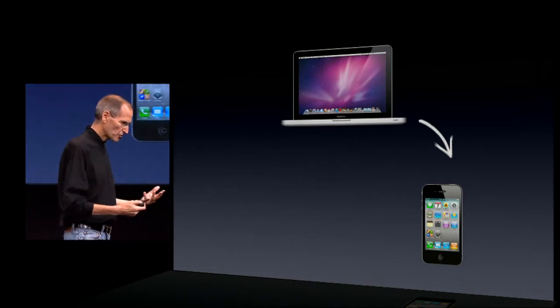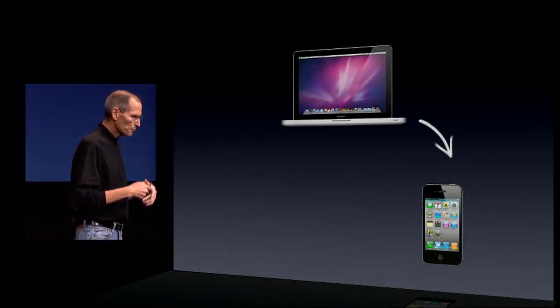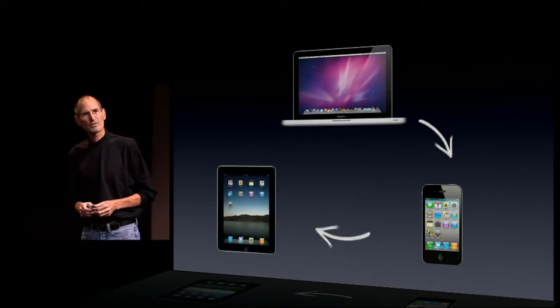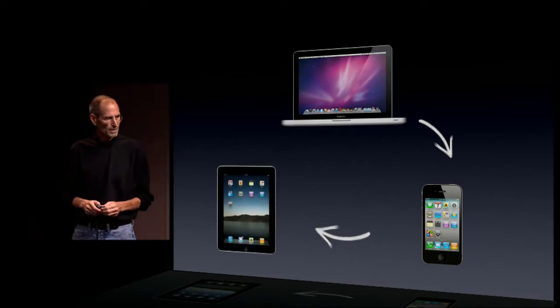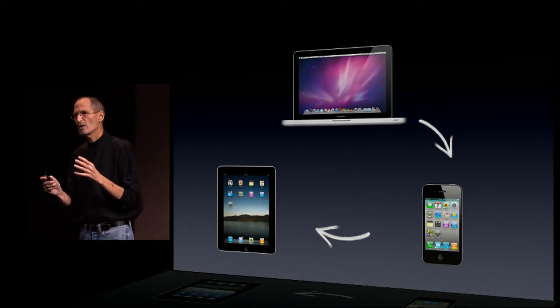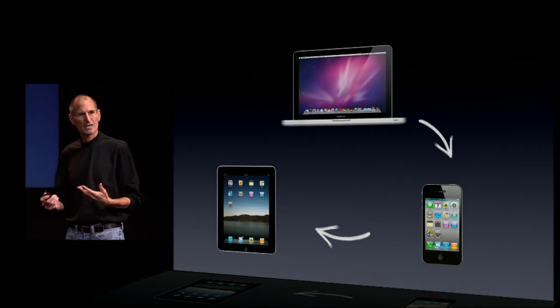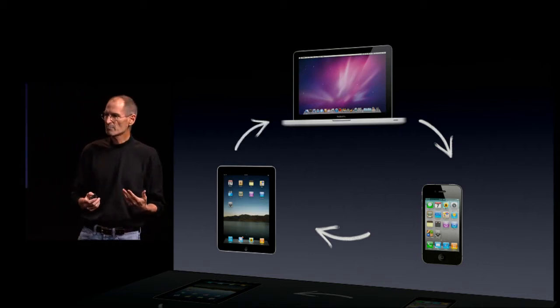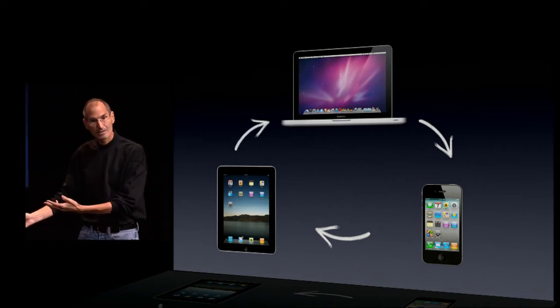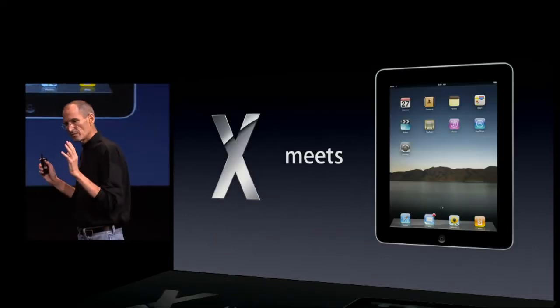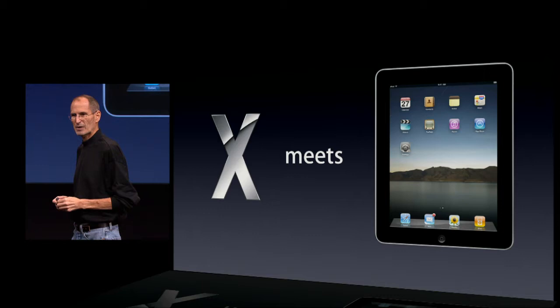And we invented some new things, and we've perfected it over the last several years, and it's now used in the iPad as well. Well, we're inspired by some of those innovations in the iPad and the iPhone. We'd like to bring them back to the Mac. And so that's what Lion's about. Mac OS X meets the iPad.